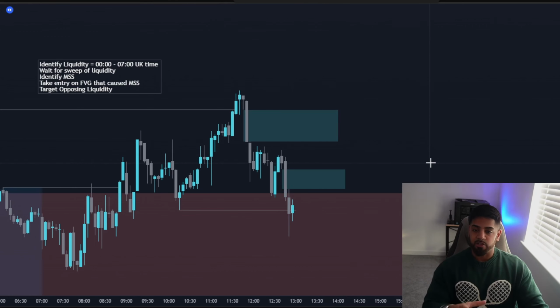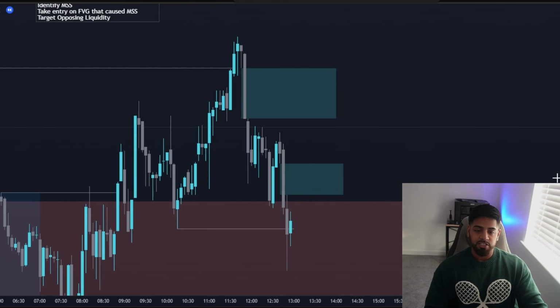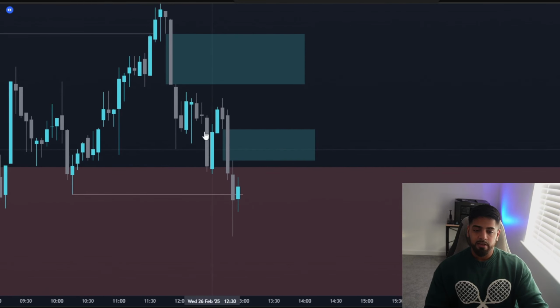And the reason for that is because I always like to take the fair value gap that caused the market structure shift. Now, when this happened, there was a lot of inefficiency that entered into the market because the only thing we were offered during this movement to the downside is sells.